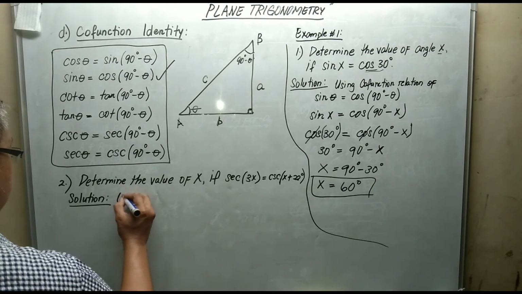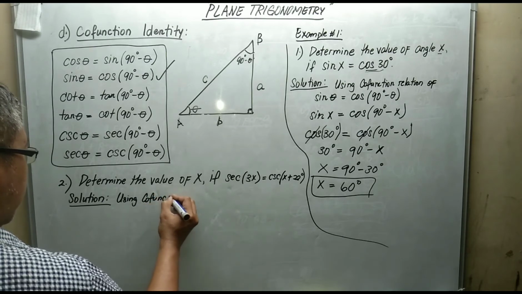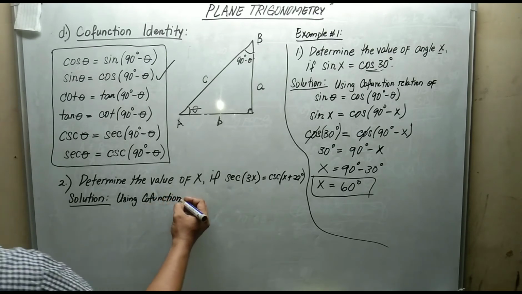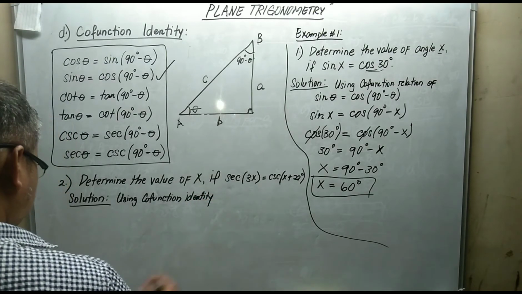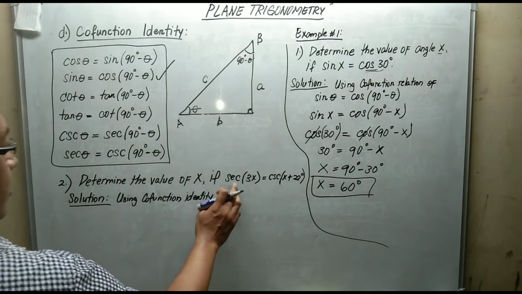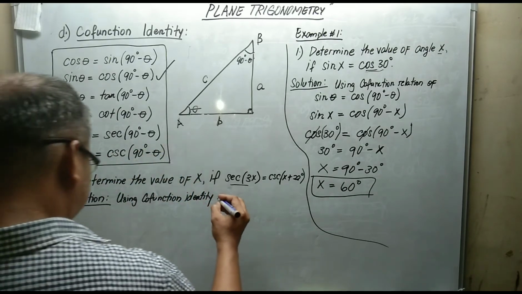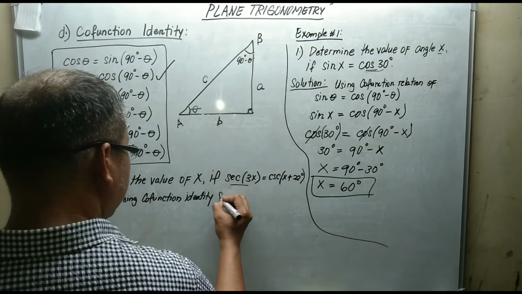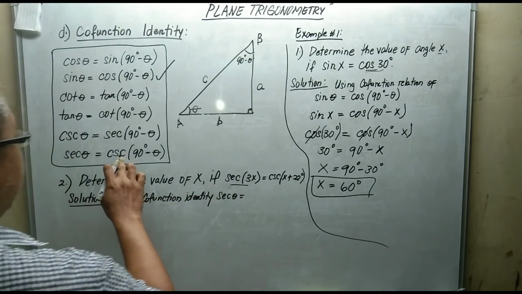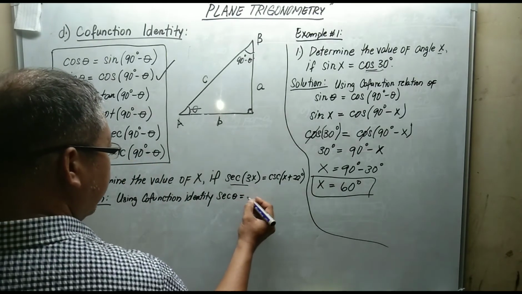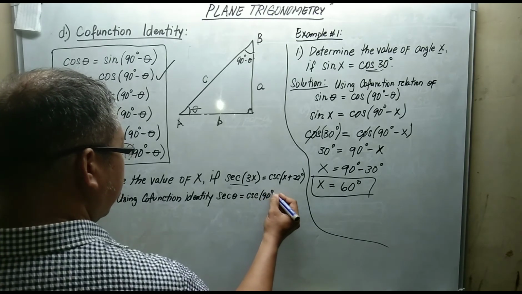Again, using a cofunction identity of secant theta. Since we are talking about secant, so secant theta is equal to cosecant 90 minus theta.